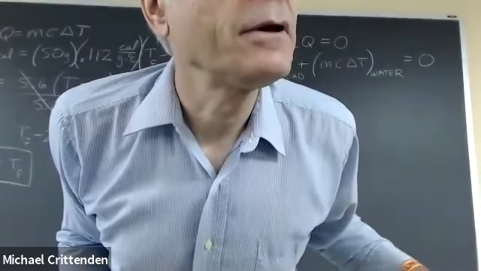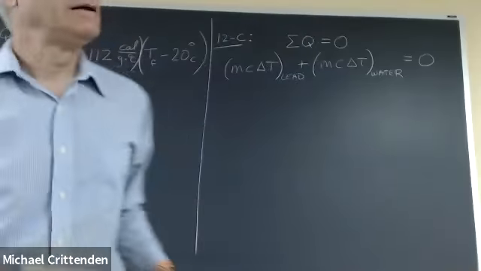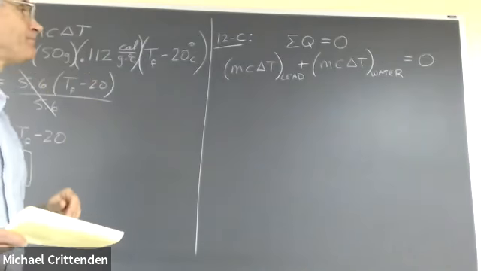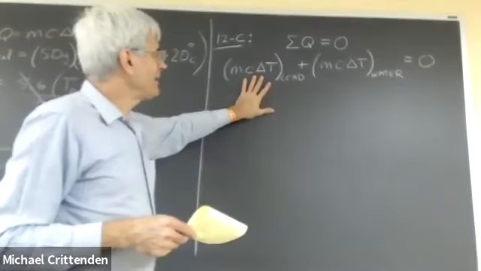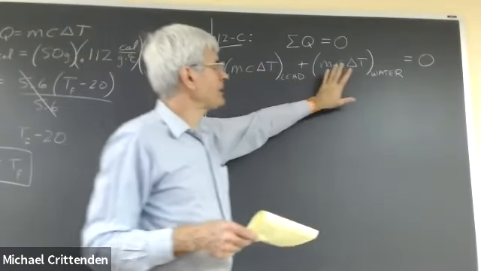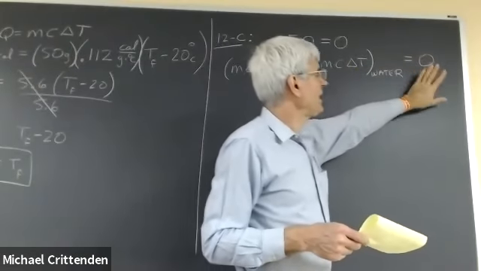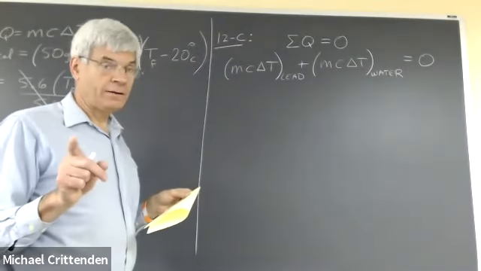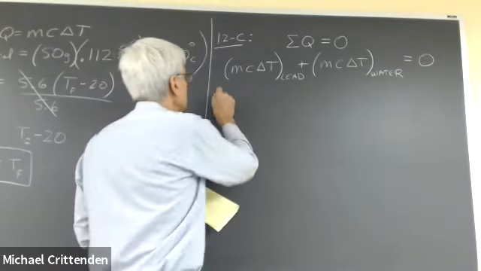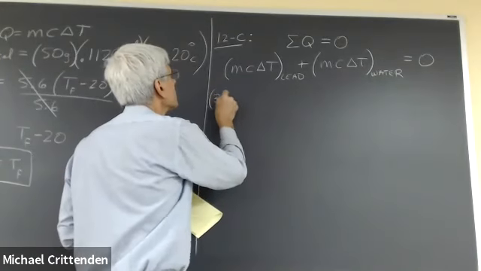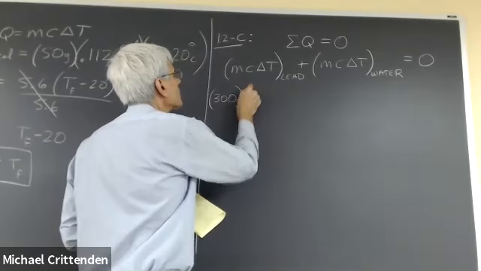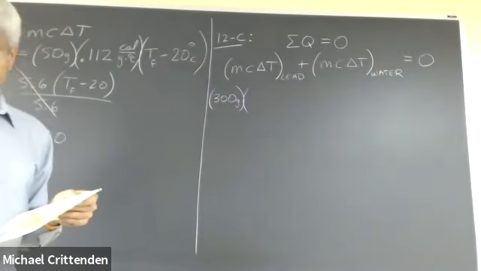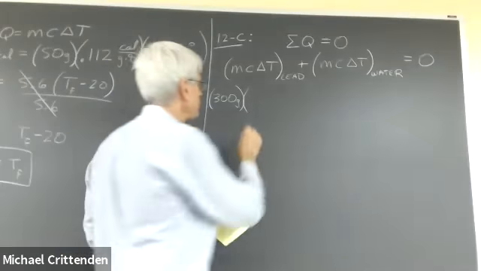You are throwing a piece of hot metal into some cool water, very much like what you'll be doing in the lab. The heat gained by the lead plus the heat gained by the water adds up to zero, because this term is actually negative. Fill in the numbers. We have 300 grams of lead. You go to the table, you look up lead's specific heat.